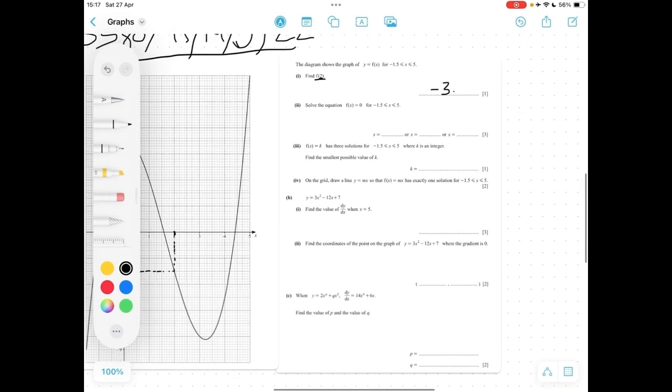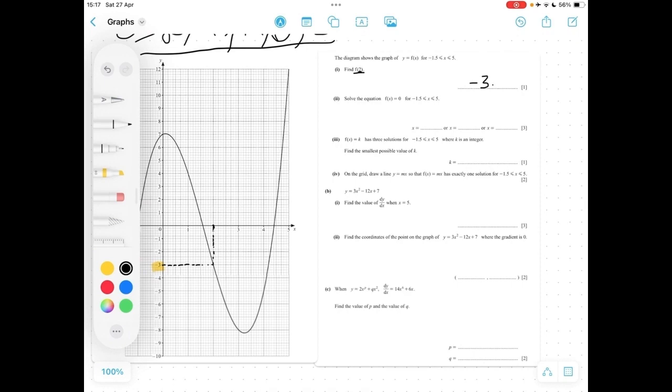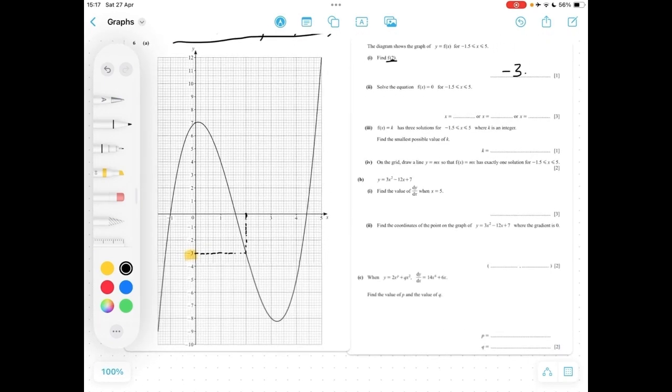The next one: solve the equation f of x equal to 0. When they're saying f of x is equal to 0, it's equivalent to saying y is equal to 0. So they solve the equation y is equal to 0. When y is equal to 0, that's the same as the x-intercepts, or where the graph intersects the x-axis.